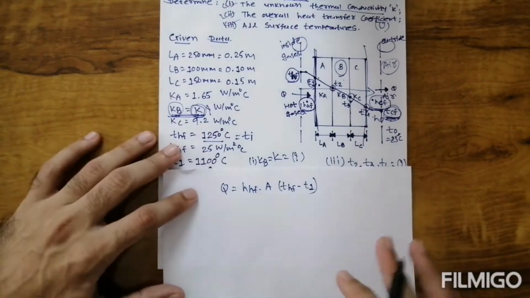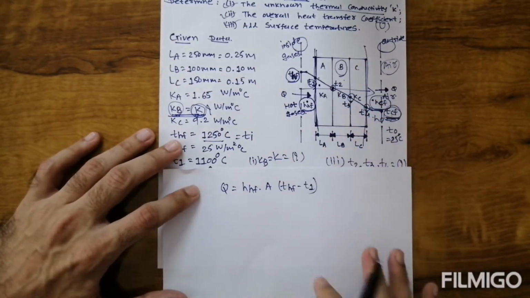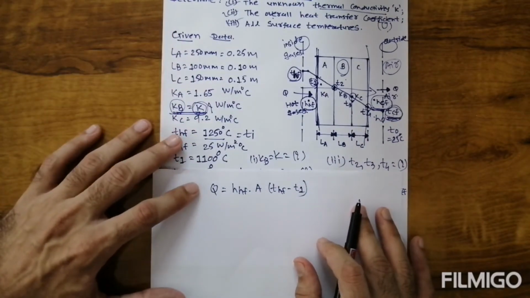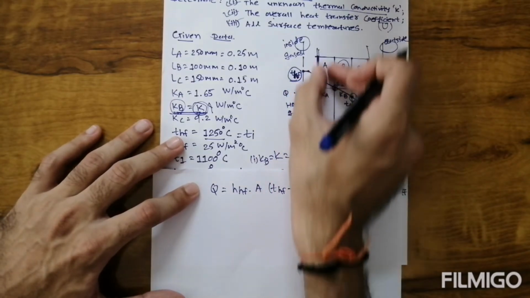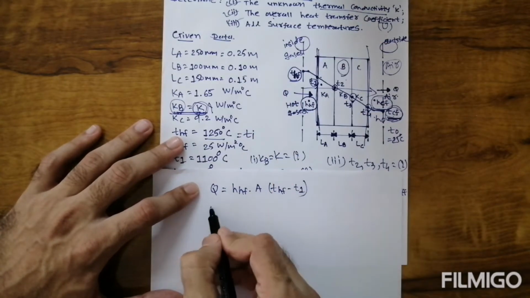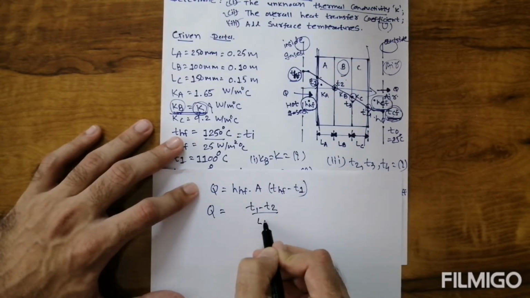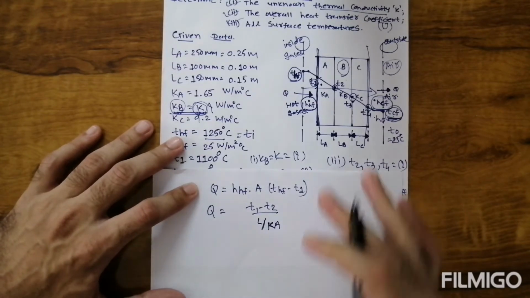Convection is there. Now we write down the second equation, T1 to T2. Heat transfer takes place from solid to solid, so conduction is there, and we can consider the plane wall equation for that portion. So Q is equal to T1 minus T2 divided by L by K into area, that is the resistance of the plane wall.